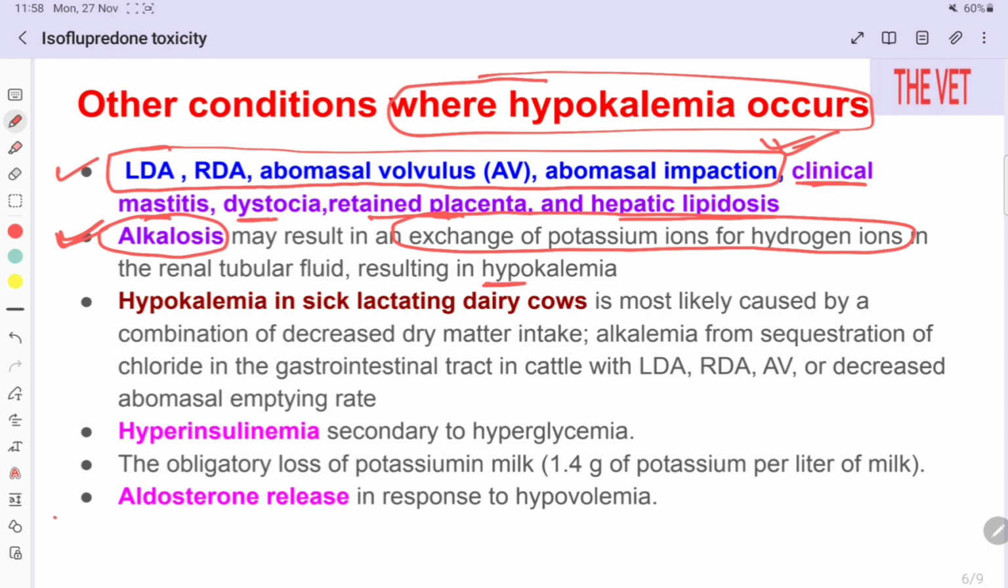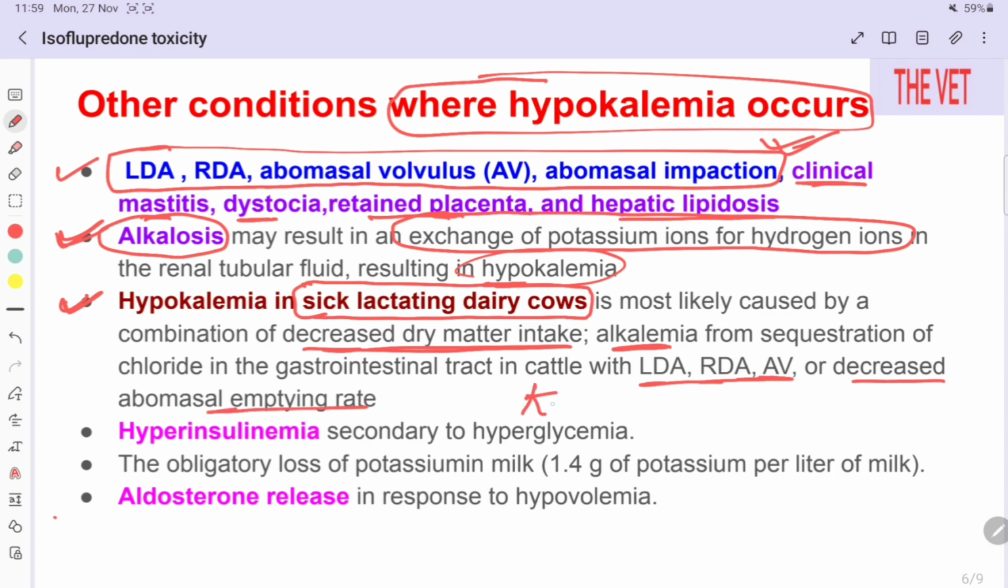As we know, hypokalemia is seen in sick lactating dairy animals. It is because of a combination of decreased dry matter intake, alkalemia because of LDA, RDA, AV, or decreased abomasal emptying rate, due to which there is potassium sequestration in the abomasum and rumen, and it is not absorbed.